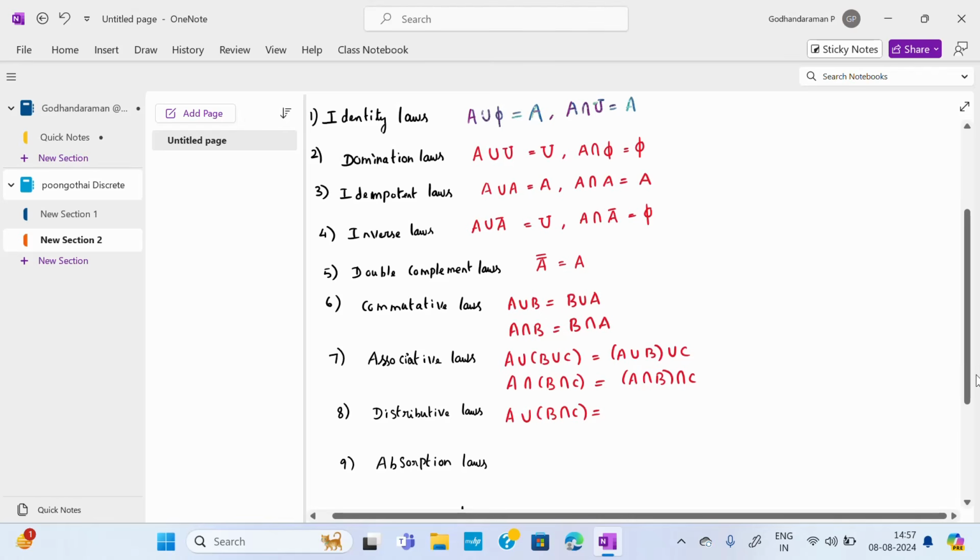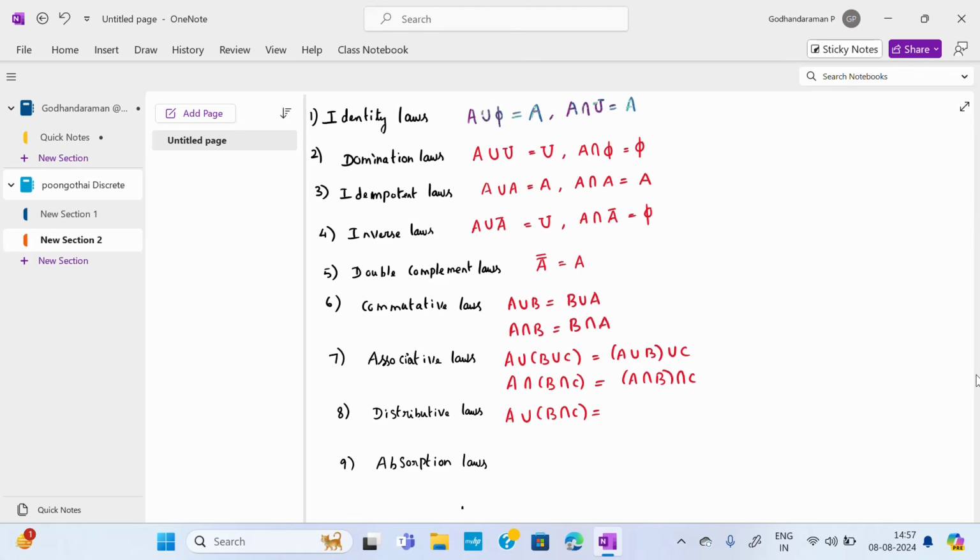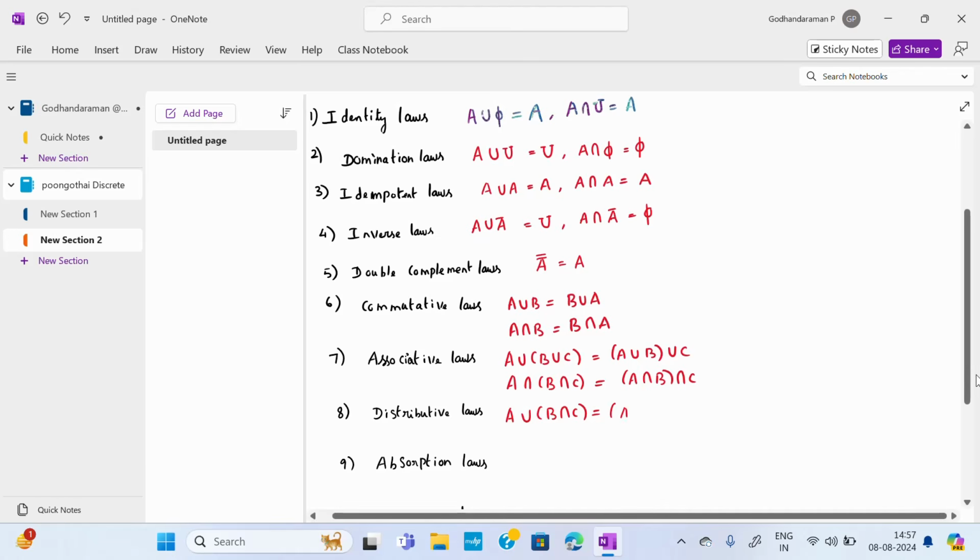A union B intersection C equals A union B, intersection, A union C. Same way, A intersection B union C is nothing but A intersection B, union, A intersection C. This is called the distributive law.